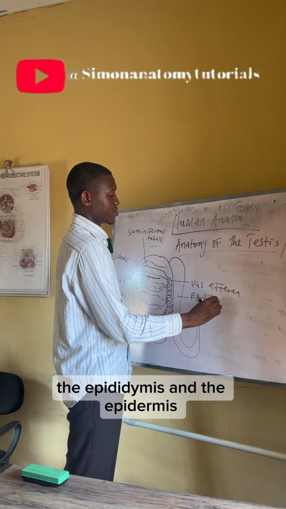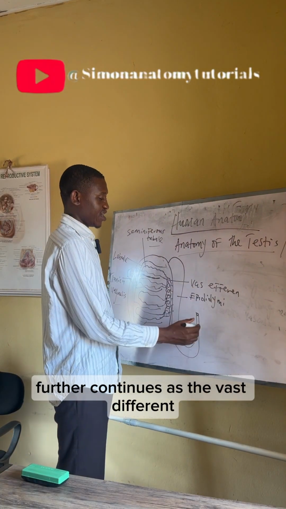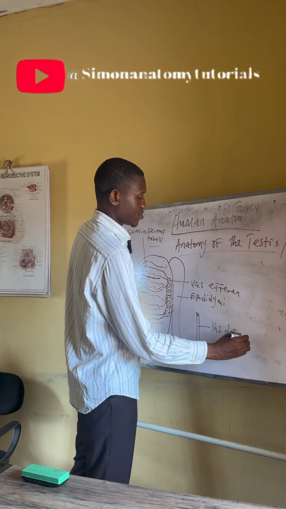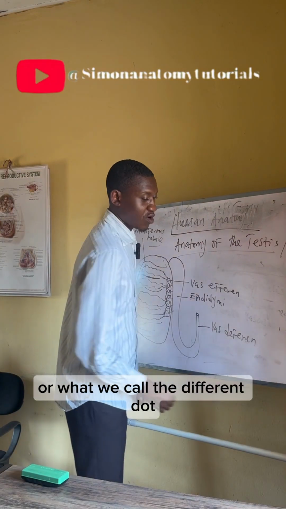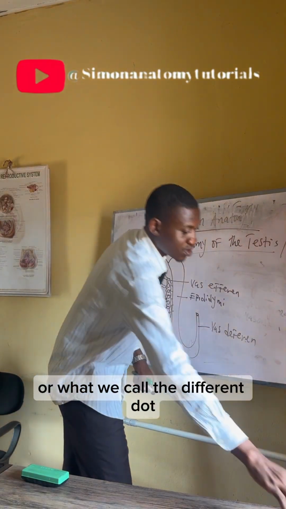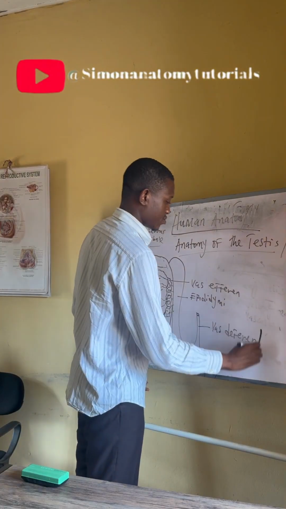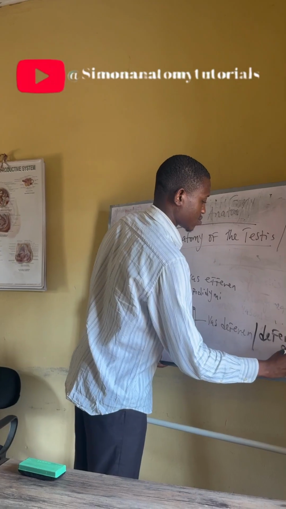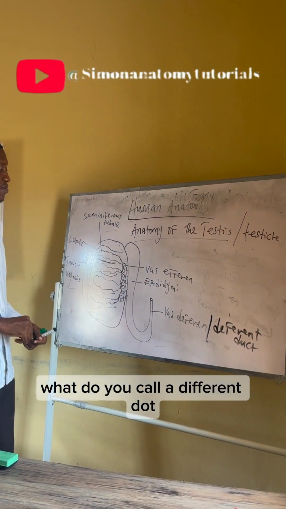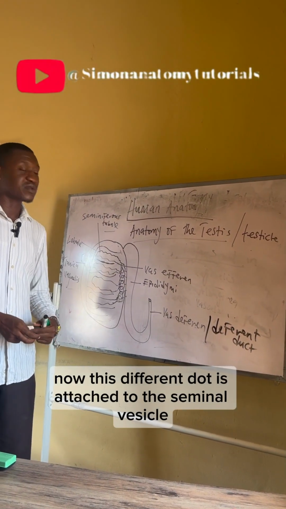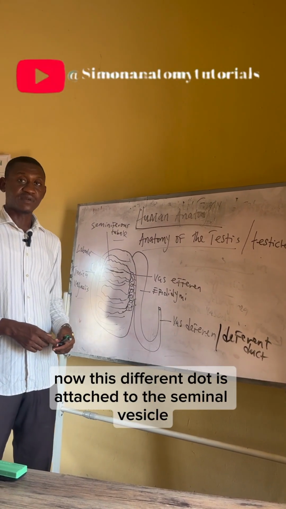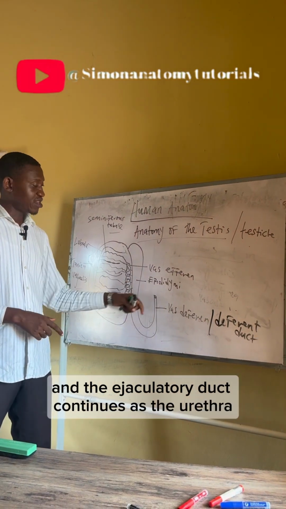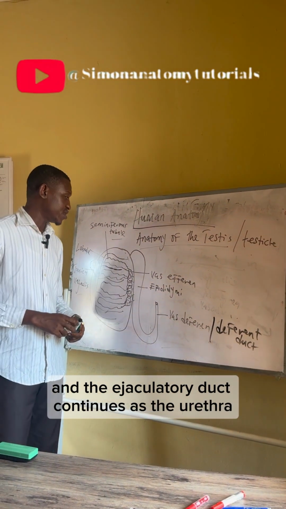And the epididymis further continues as the vas deferens. Now, this vas deferens is attached to the seminal vesicle, one of the accessory organs of the male reproductive system, to form the ejaculatory duct. And the ejaculatory duct continues as the urethra.